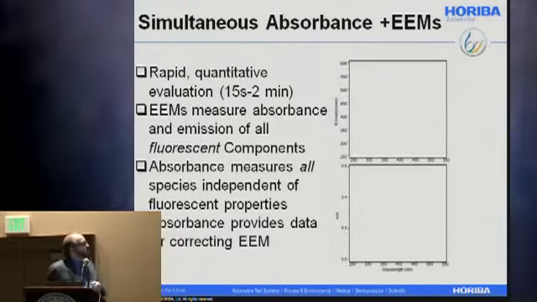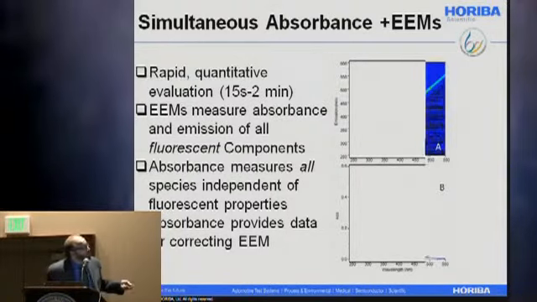So the technology that I wanted to describe here is actually a rapid improvement in the time it takes to make these measurements of the disinfection byproduct precursors. So what we actually do is we measure fluorescence and UV-vis absorption simultaneously. And we get two pieces of information that are actually correlated together and have an important relationship.